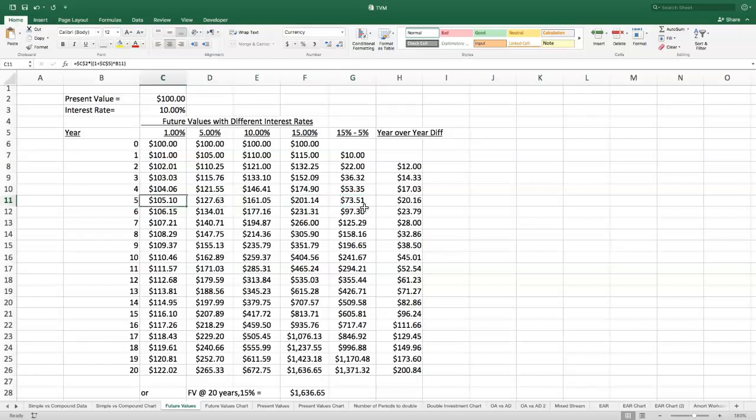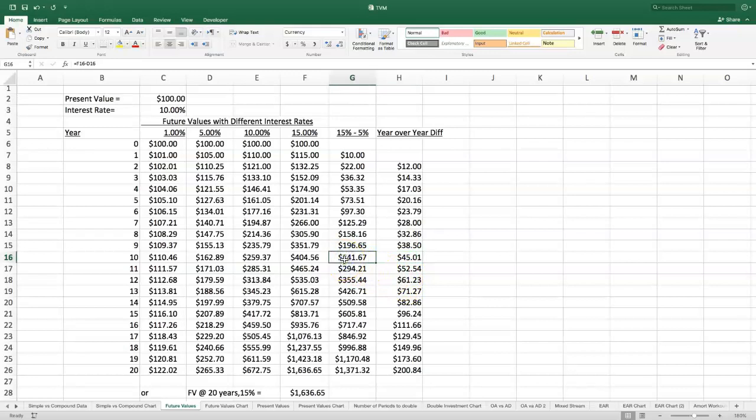But no matter what interest rate, let's just look here at year 10. At year 10, the difference between 5% interest and 15% interest has a difference of future values of $241. And if we look at the year-over-year difference, for example, 196 to 241, that's 45, we see that getting larger and larger as well.